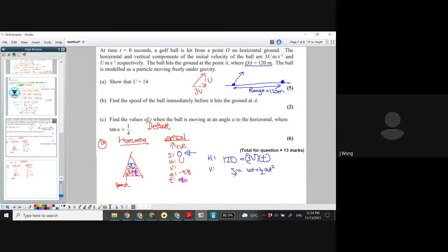So you will have 0 equals ut plus a half times minus 9.8 t squared. That is 9.8, not 9.81. Then you could solve those two equations simultaneously to get U as 14.